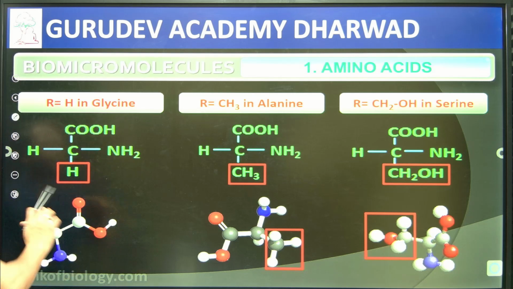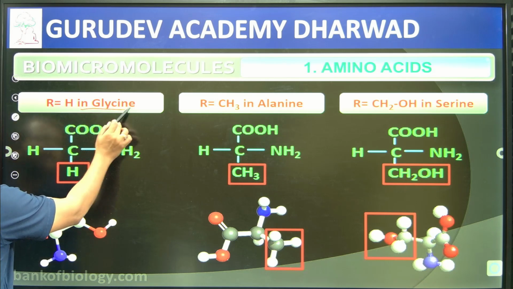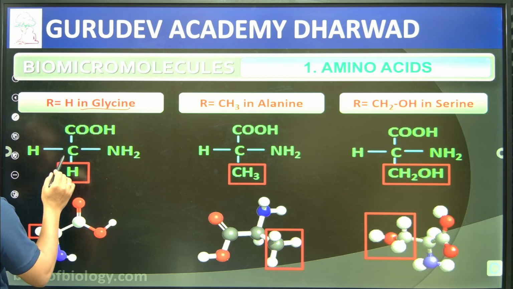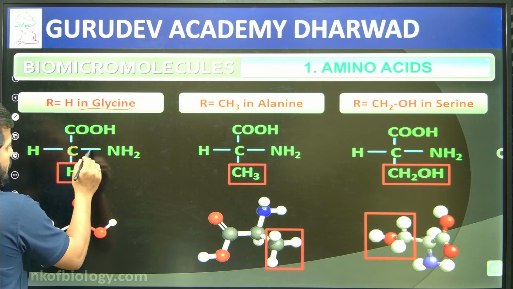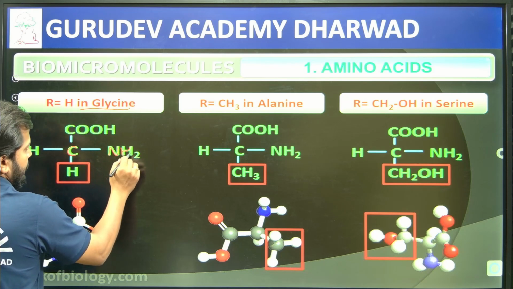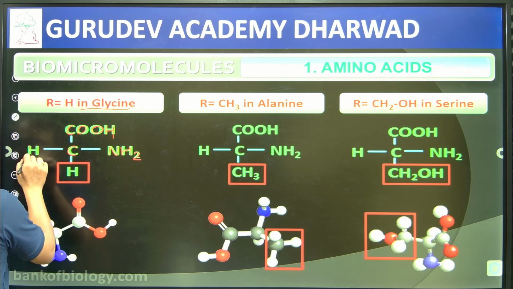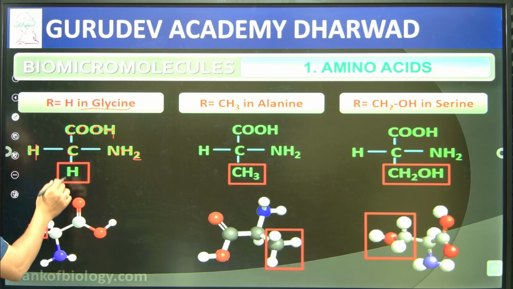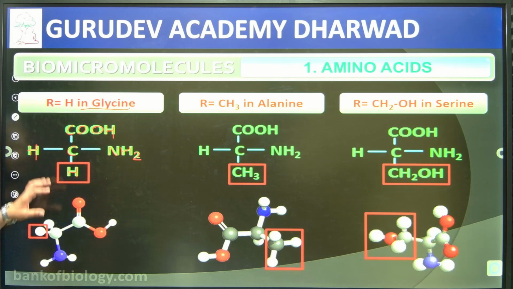So here, consider some of the amino acids, right? R is going to be variable. In glycine, the remaining structure is the same: the carbon has an amino group attached, a carboxylic acid group attached, and one hydrogen is common. Here one H is attached as R, and we call it glycine, structurally.